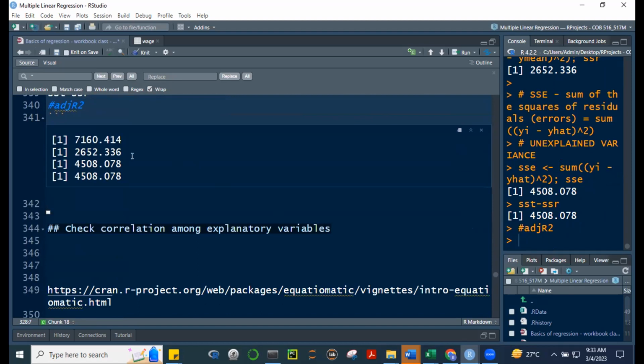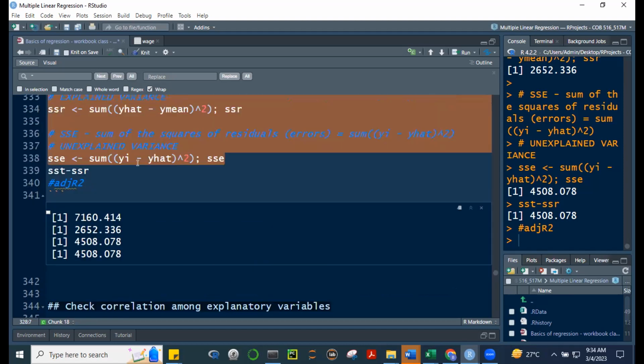What's explained, 2652, is the regression, sum of the squares of regression. Of course, if this is higher, then that would be better, because our predictors were able to explain more of the total variance. And then this is your SSE, sum of the squares of your errors, which is just the same as your SST minus SSR.